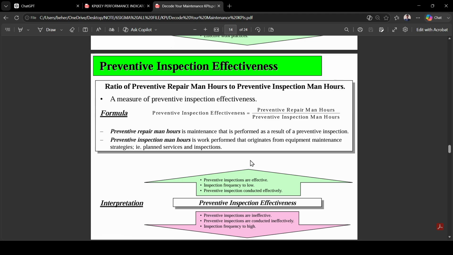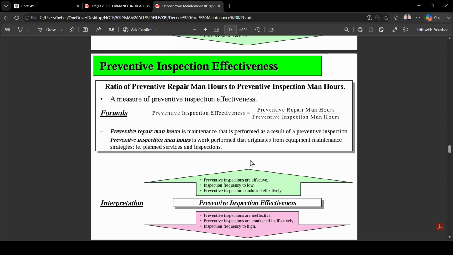Preventive inspection effectiveness. The ratio of preventive repair man hours to preventive inspection man hours. A measure of preventive inspection effectiveness. The formula: preventive inspection effectiveness equals preventive repair man hours divided by preventive inspection man hours.